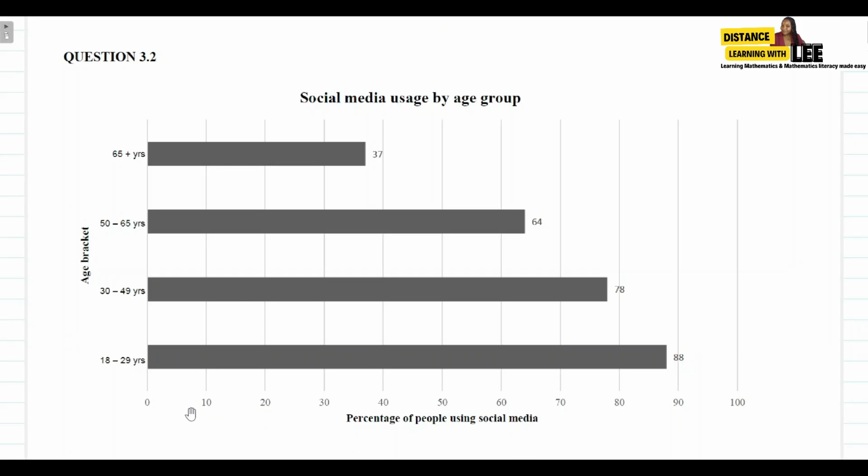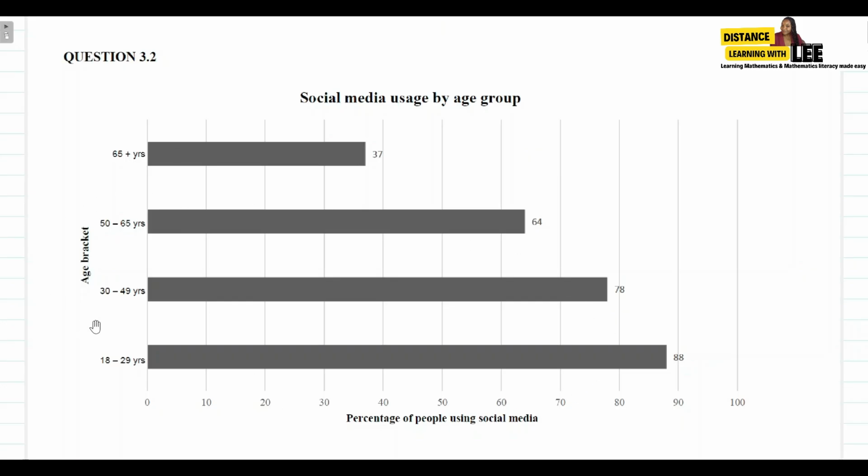So here we can see that the highest percentage of people that use social media is people within the age bracket of 18 to 29 years. And the lowest percentage is people within the age bracket of 65 plus years.